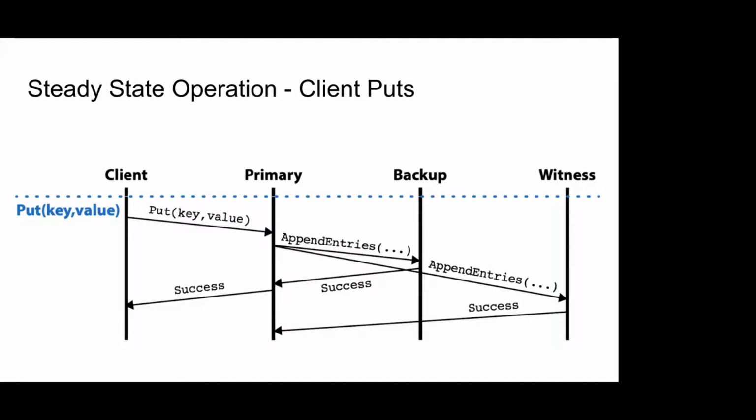When the primary gets a put request from the client, it replicates it to a backup, and only when the backup has committed and responded to the primary with a success, only then does the primary respond to the client with a success. Along with sending the put request, the key and value, to the backup, it sends that key and value pair to the witness as well. The witness also writes that particular value and reverts back to the primary, but the witness is not a part of the write quorum while fielding client put requests.